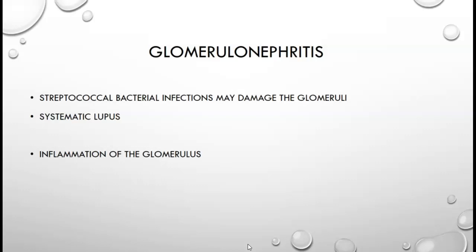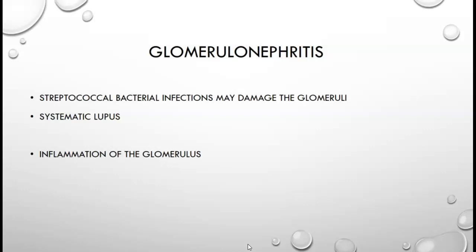ASO titers tell us whether there's been a recent strep A infection. The good thing about that type of glomerulonephritis versus some of the other types, including lupus, is that it normally resolves itself over time. Given enough time and support, that'll get better, where some types don't.